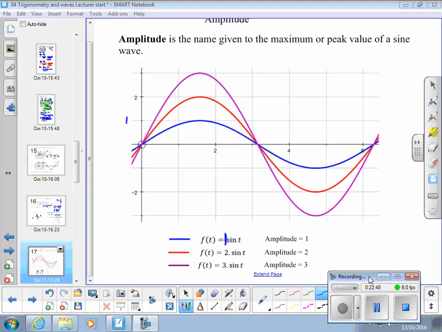Then I've got 2 sine t, peaks at 2, negative peak at negative 2 as well, and then 3 sine t is a peak at 3 and a negative peak at minus 3. So that's showing you how the constant in front of the sine function determines what the peak of the waveform is.